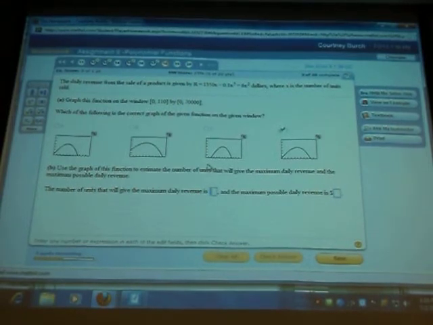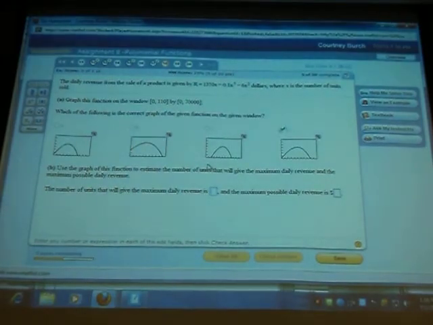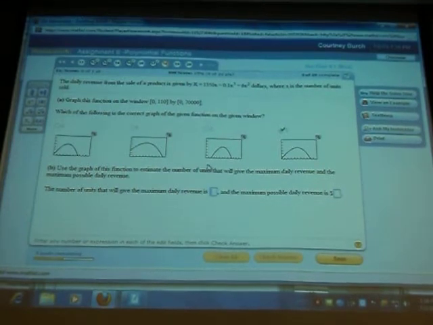Did that work? Try to type in 30. The units is x, and then that would be your y value. So you want to change your table to go to 90 and find the y value.